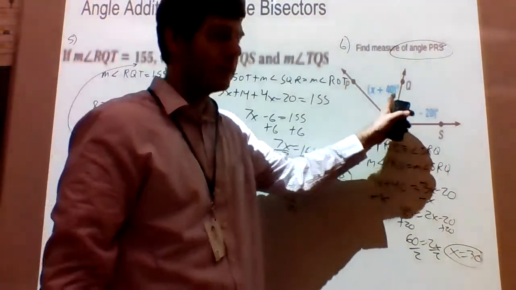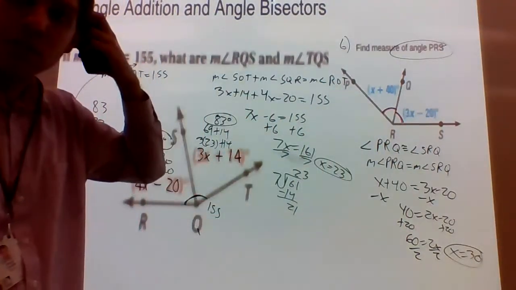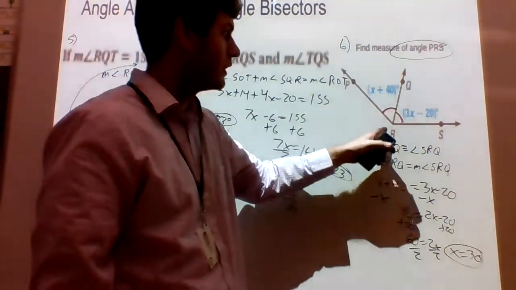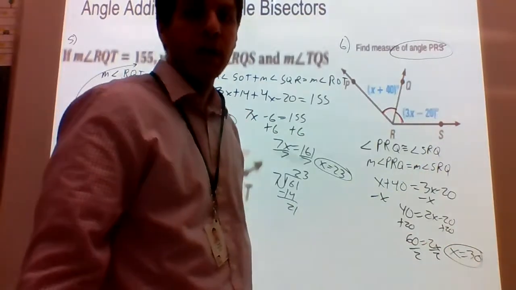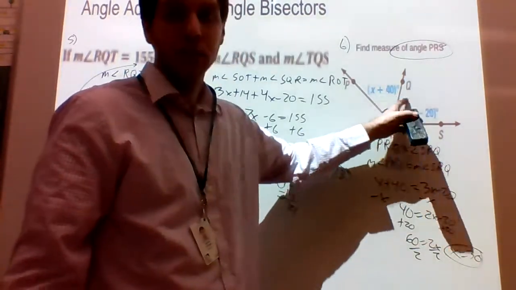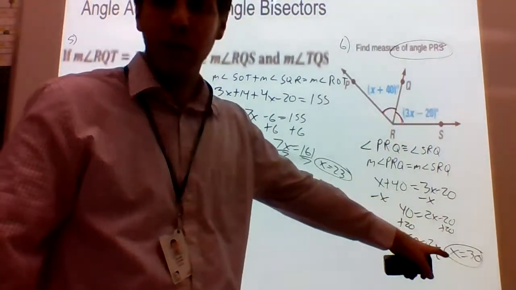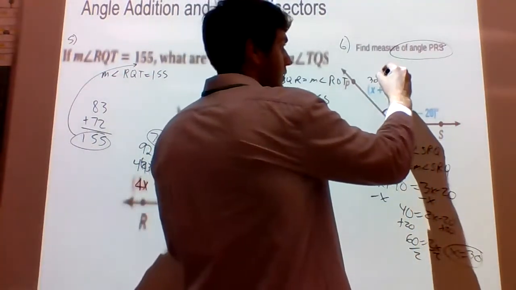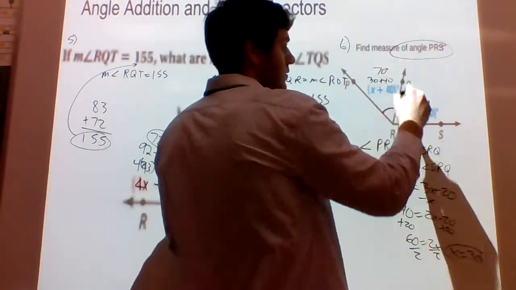No, we're looking for the measure of angle PRS. So we're going to have to add these two together with the angle addition. Q is a point between rays RP and RS. Therefore, we can add these two angles together to get the whole thing. So x is 30, so 30 plus 40 is 70 degrees.